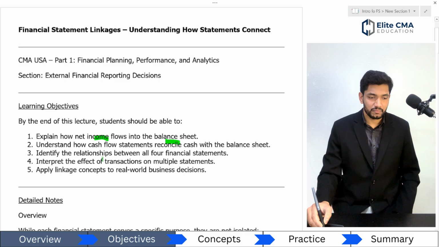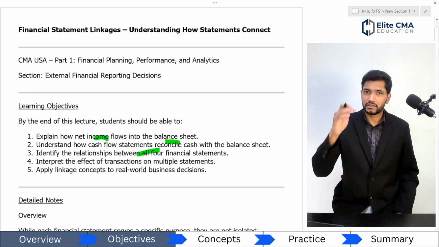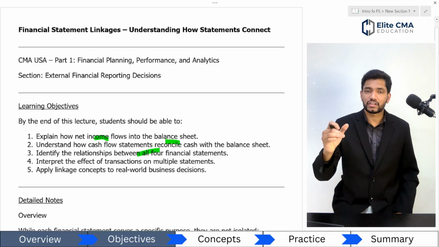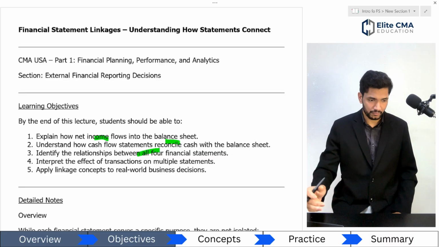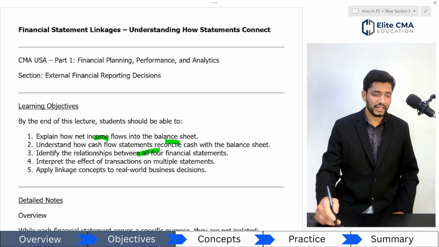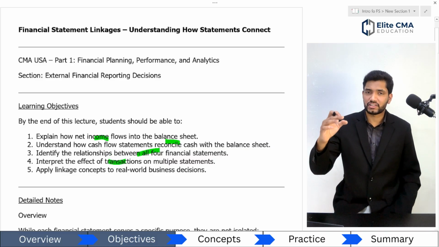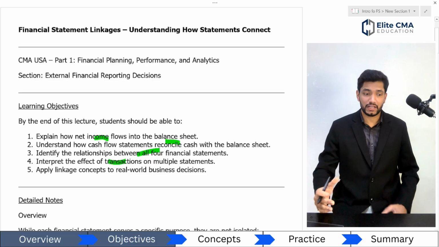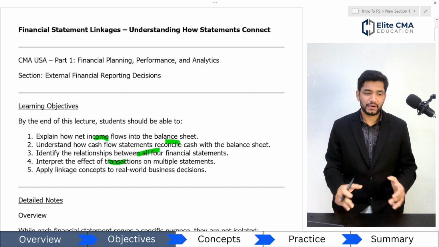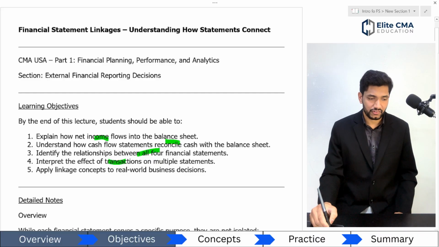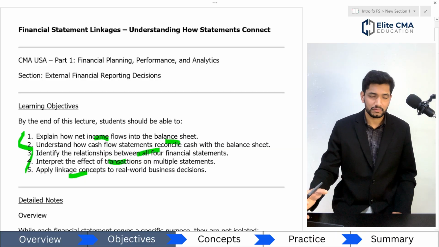Identify the relationship between all 4 financial statements, that is income statement, balance sheet, statement of cash flow, and statement of changes in equity. Interpret the effect of a transaction on multiple statements, how one single transaction affects multiple financial statements. Apply the linkage concept in real business decision making. So these are the key learning objectives for this discussion.